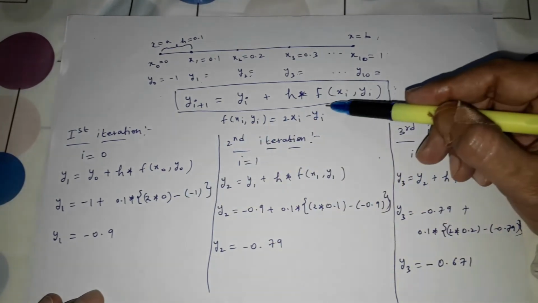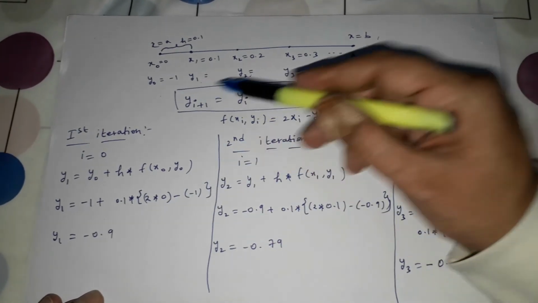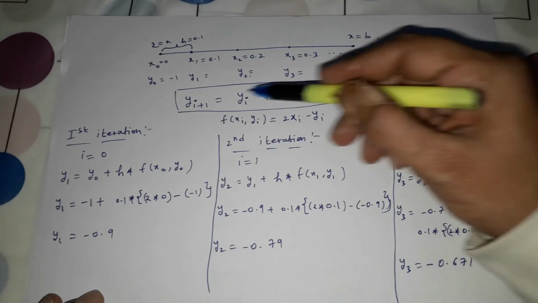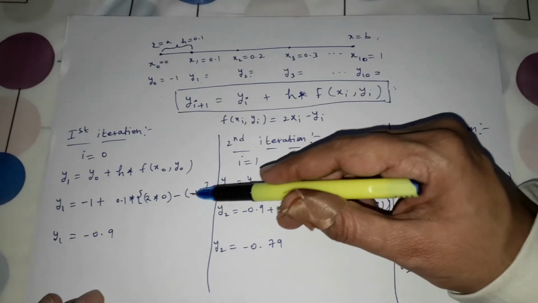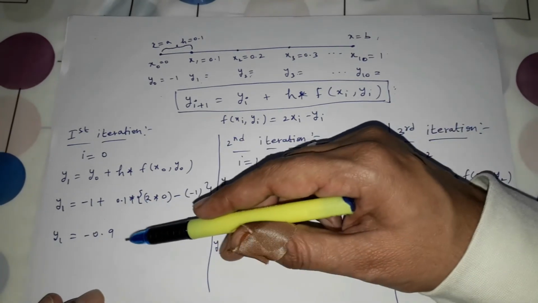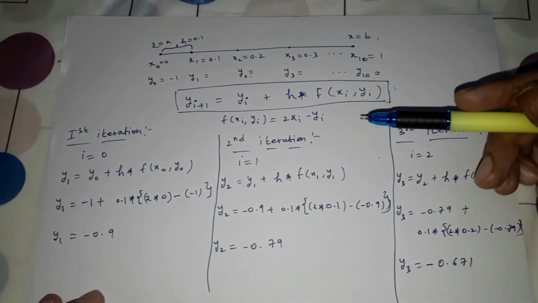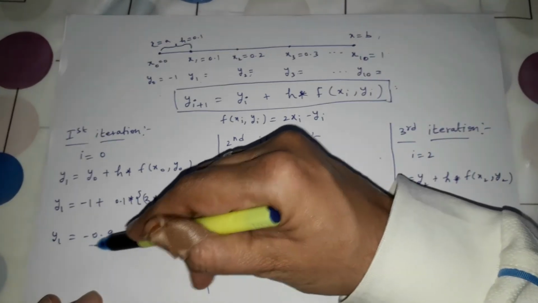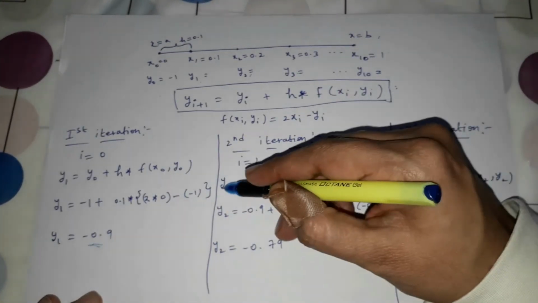Minus yi, i is 0, so y0 is minus 1, so minus of minus 1 is plus 1. So when I calculate, I will get y1 is equal to minus 0.9. Okay, so now using y1, I will find y2.